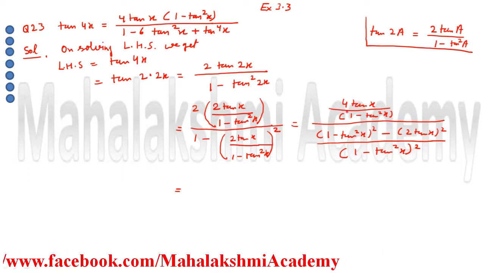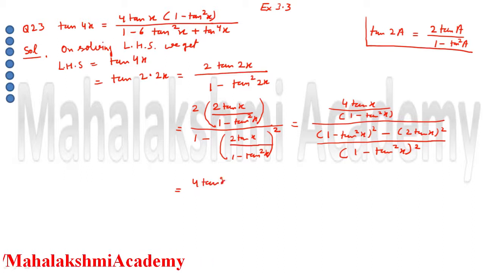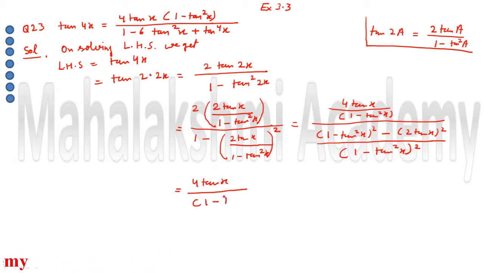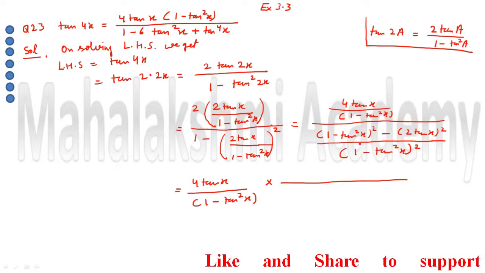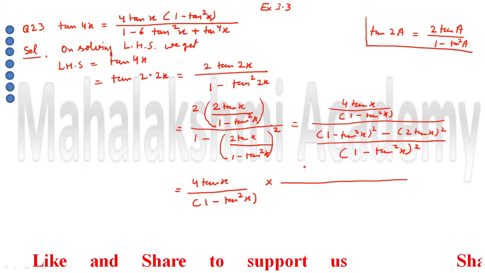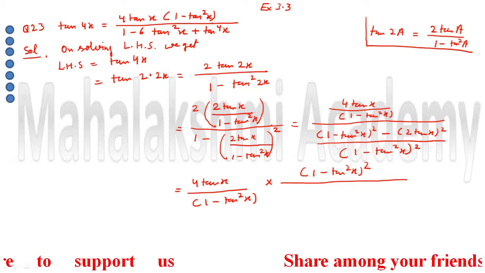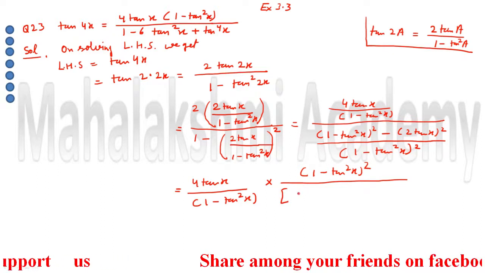So first I am writing this fraction as it is, so it's going to be 4 tan x divided by the bracket 1 minus tan square x, then multiplied by, now we have to do the reciprocal of this. Along with that we are going to open this bracket also. So when we do the reciprocal, this will shift to the numerator. So 1 minus tan square x whole square.